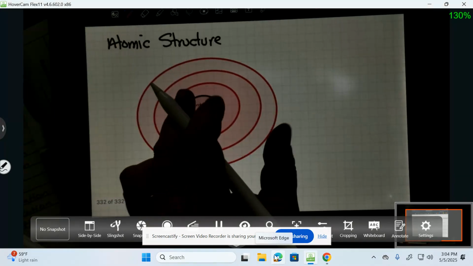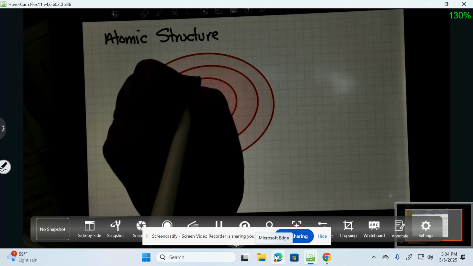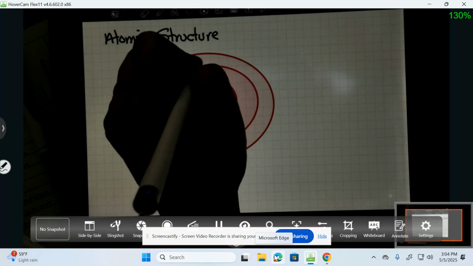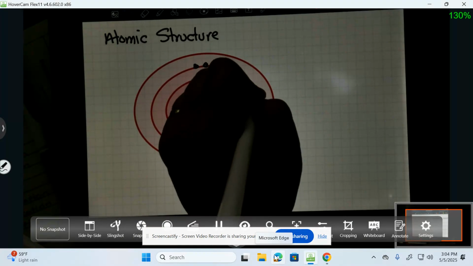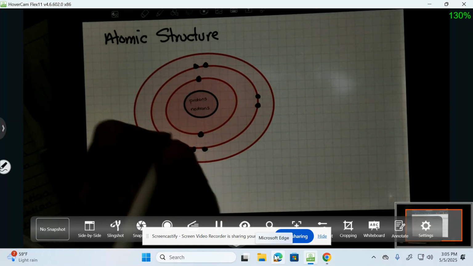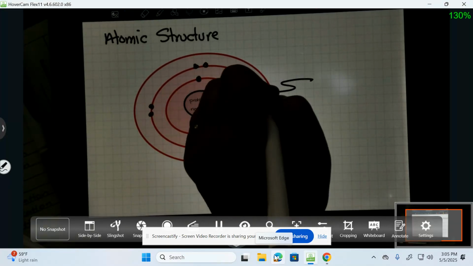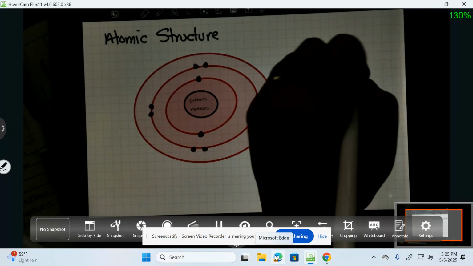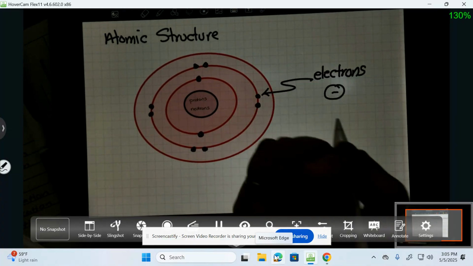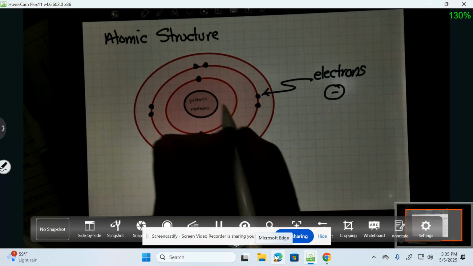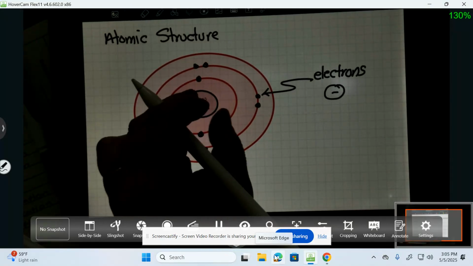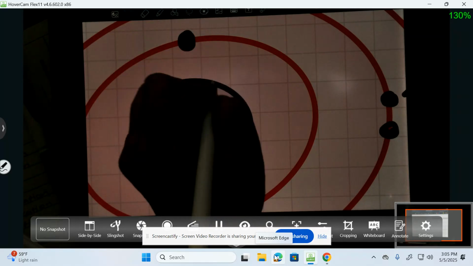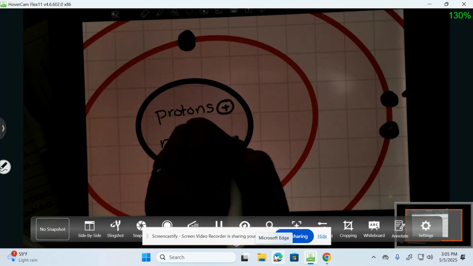You have these rings, these energy levels that have electrons on them. Those are your electrons. And the electrons are negatively charged. Protons are positively charged. And neutrons have no charge.